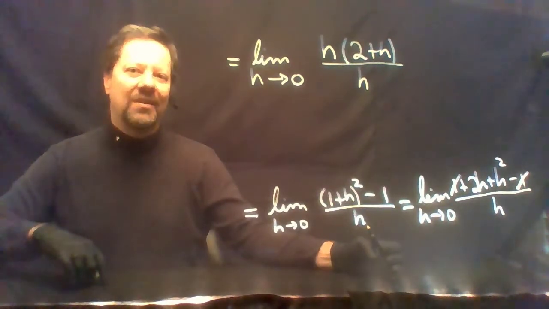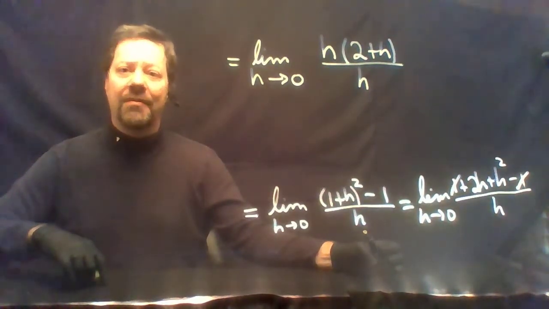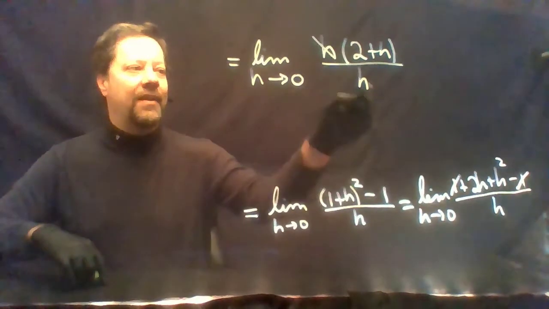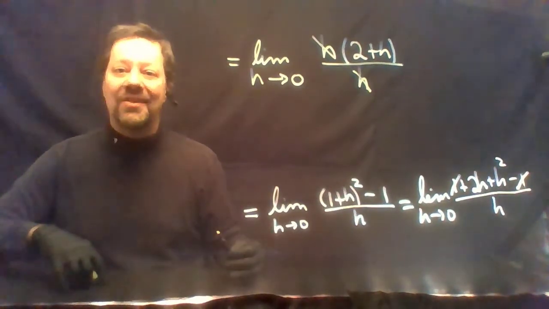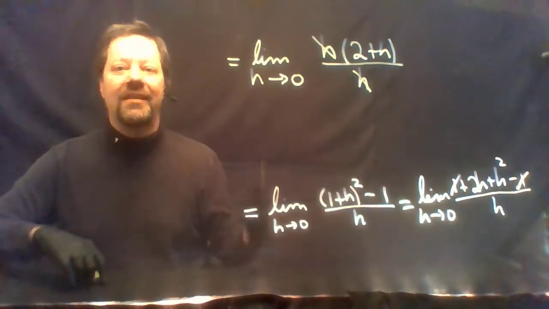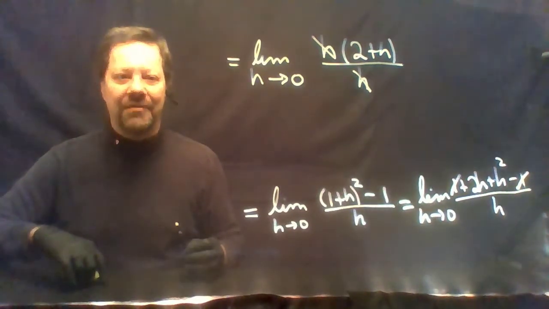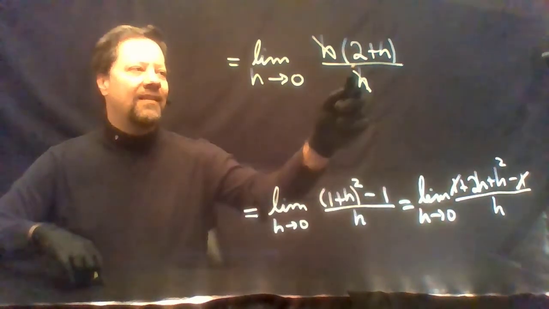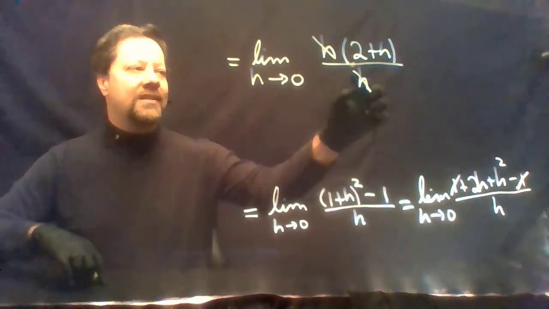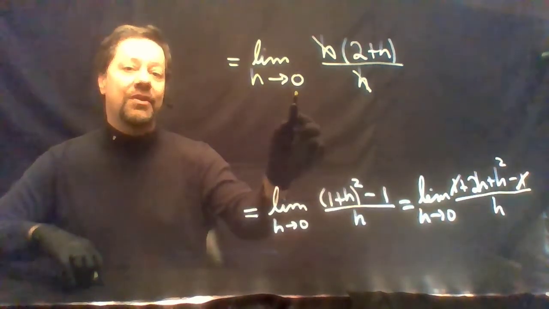You can see now that one factor of h cancels from both the numerator and the denominator. You may cancel common factors in a fraction, not terms. You may not cancel from terms. So now, all that's left is 2 plus h, and h is being sent to 0.